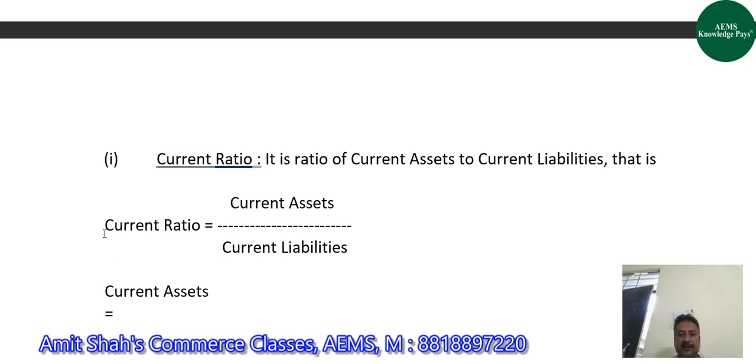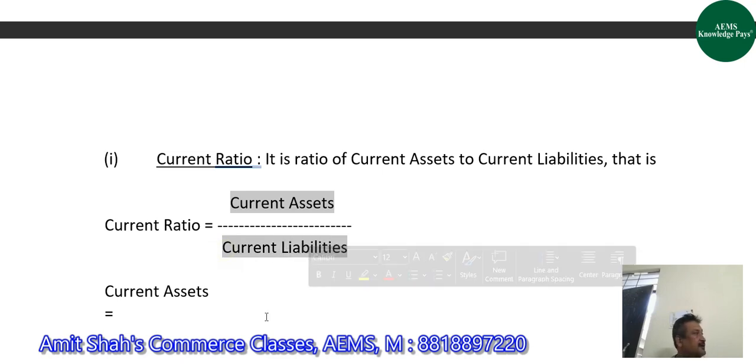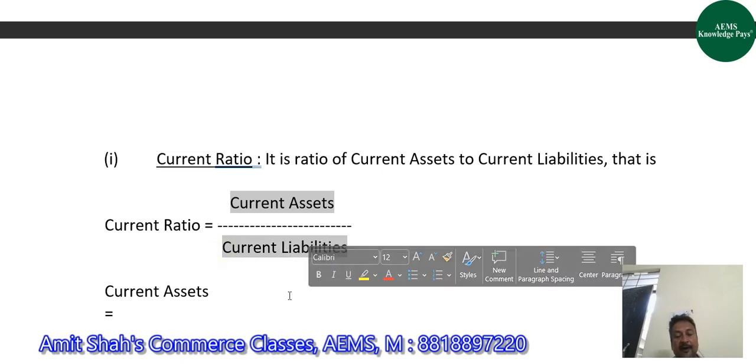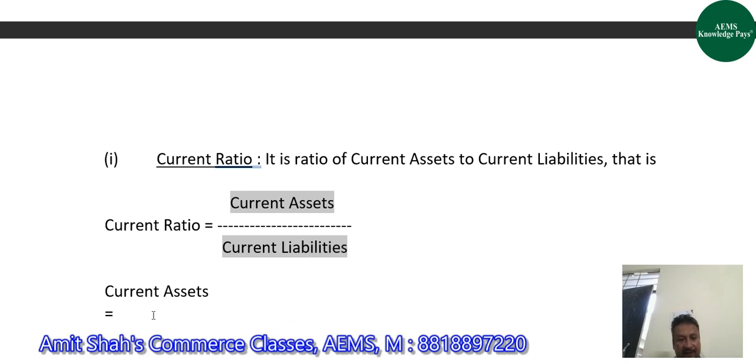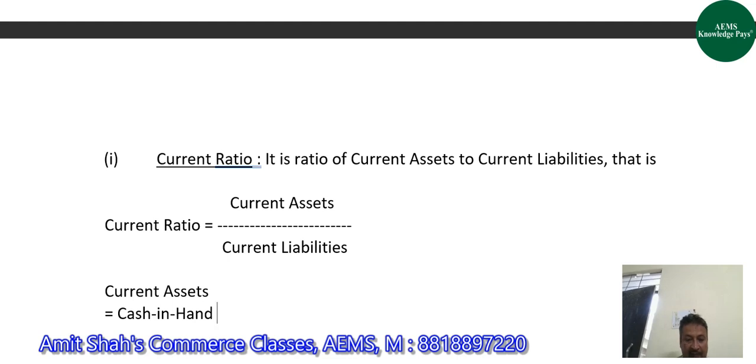So in this ratio, guys, in the numerator we have a group of accounting variables, and in the denominator also we have a group of accounting variables. Not only one item in numerator and denominator, but more than one item. So in current assets, you must know what items fall: cash in hand, cash at bank, cheques in hand, debtors.